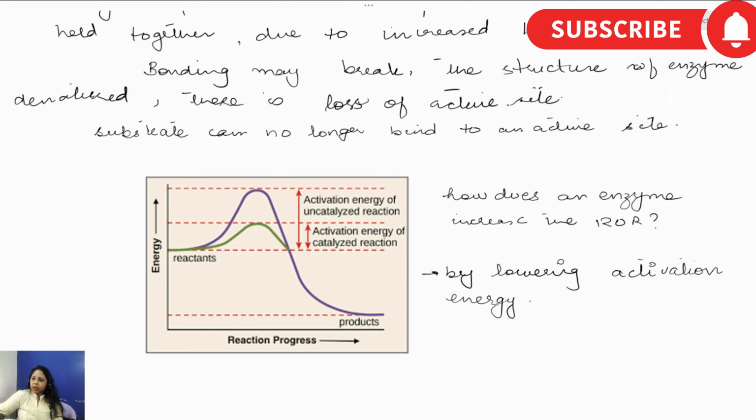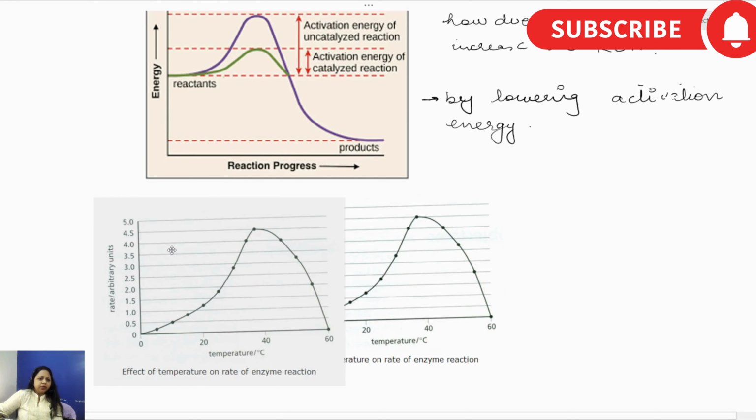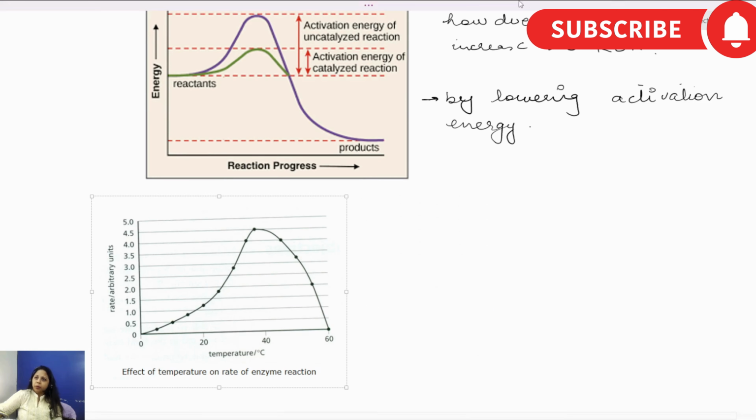Now I'm giving you another graph. You have to describe the graph. Let me see if I have another one. Yes, got it. There is a graph given. Shall I send you a separate photograph for this one as well in the group? Okay, I'm sending. Now you have to explain this graph.